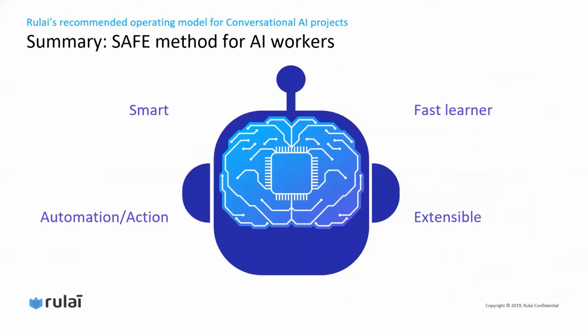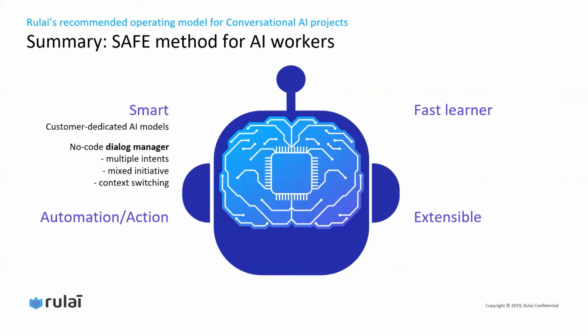So to summarize, we recommend the SAFE method for developing AI workers. The virtual assistant should be smart, at least level 3 AI ability, to handle variations of natural language and variations of conversation flow. To do that, it needs to be able to handle multiple intents, mixed initiative, and context switching, and have customer-dedicated AI models. It should be able to automate workflows with a built-in RPA engine or API integration.